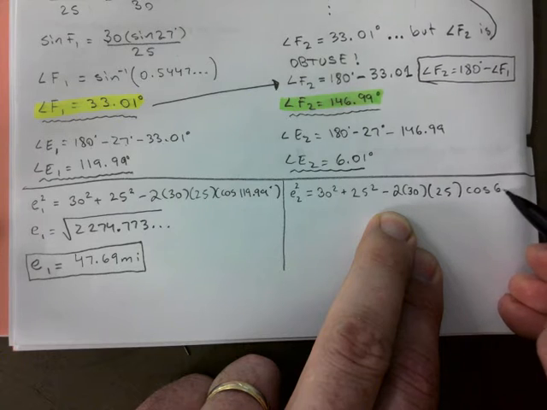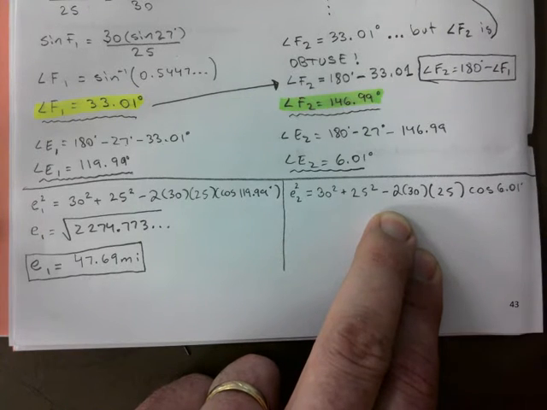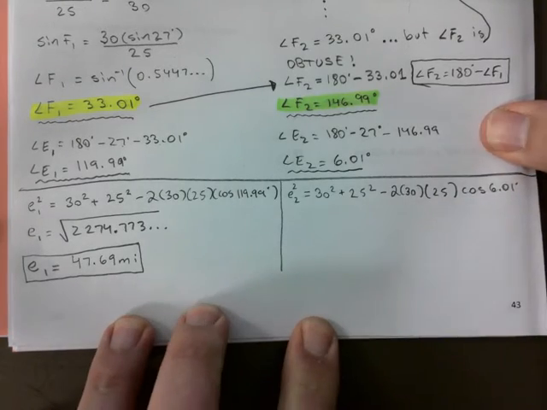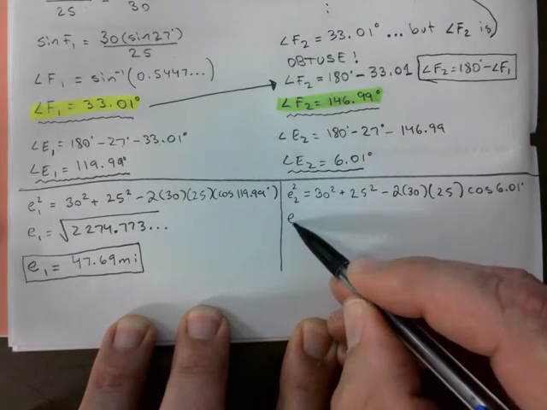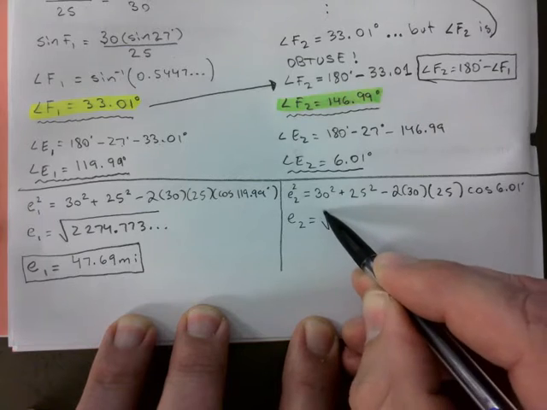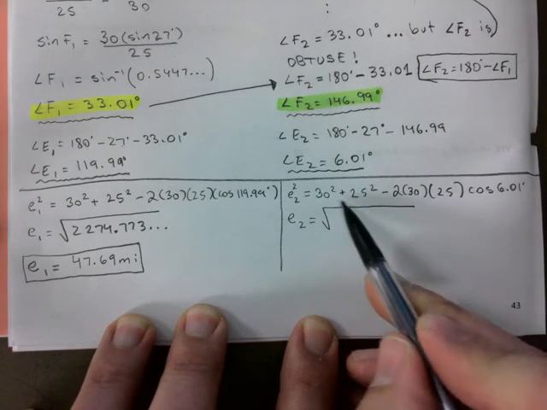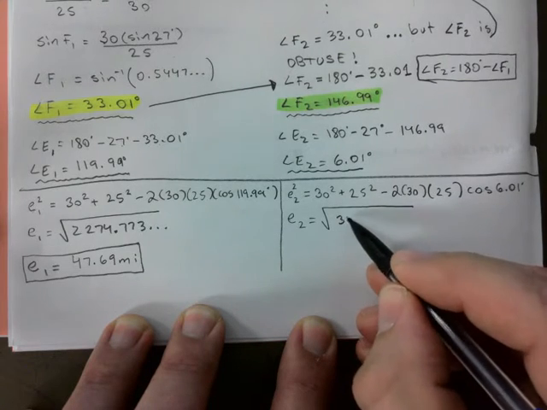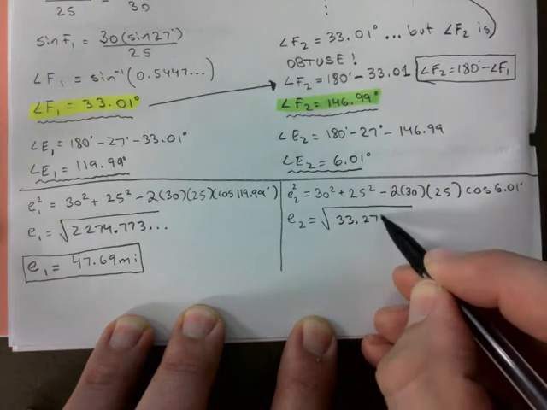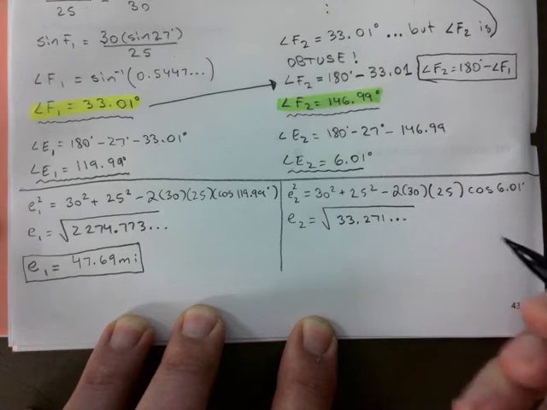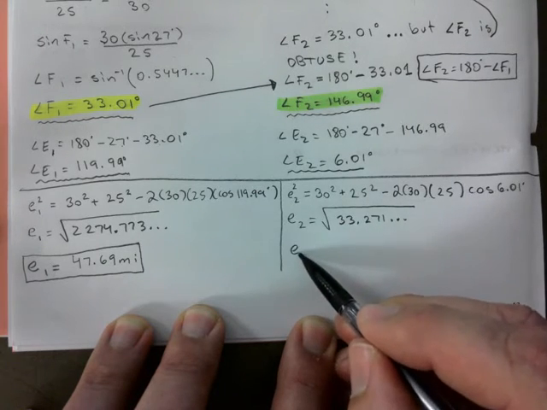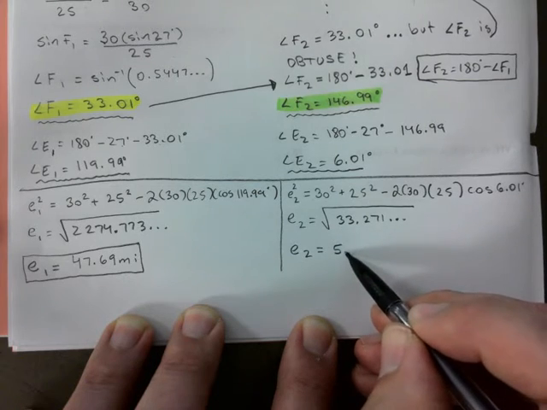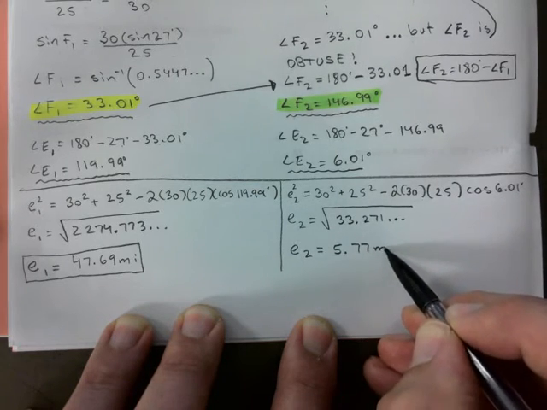That's another reason why I like to use cosine law for this one. And so E sub 2 is square root of this whole thing. If you type that in one shot, you get 33.271, and it keeps on going. So E2, if you take the square root, is 5.77 miles.